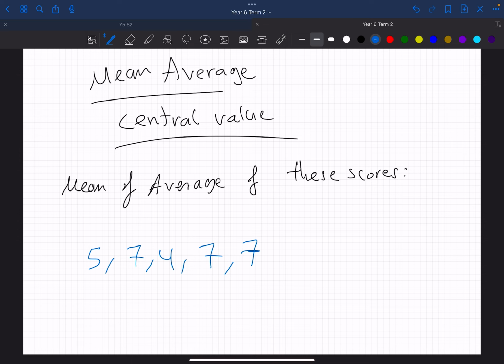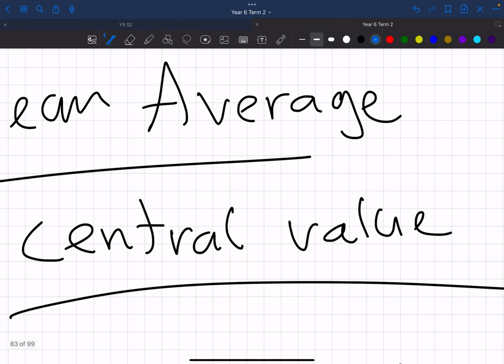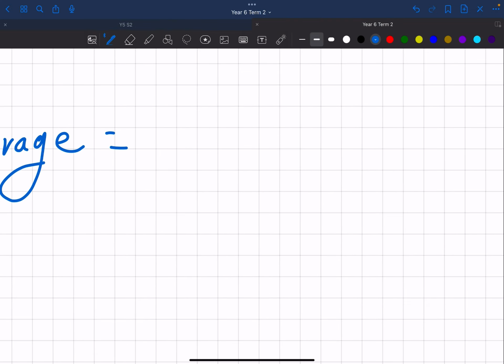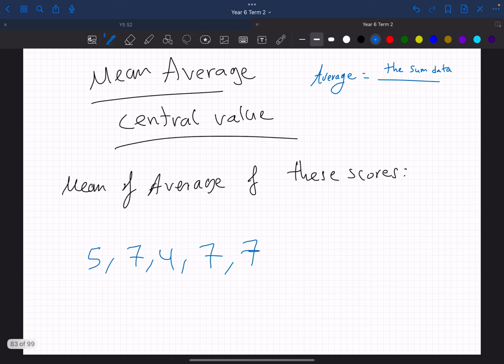The rule says, to get a mean average, let's write average here. To get the average, you need to take the sum of data, the sum of data given to you. For example, here we have this data.